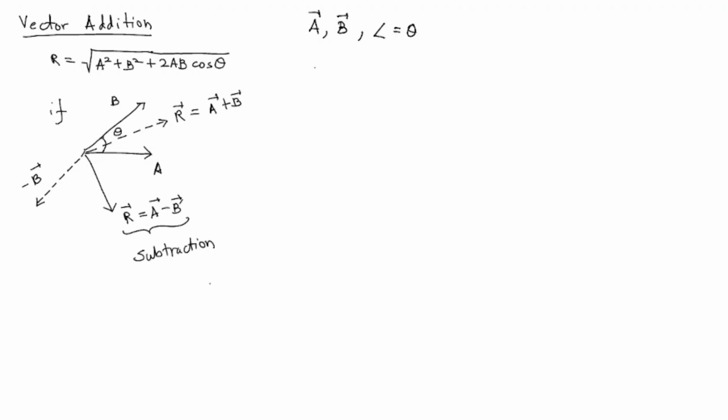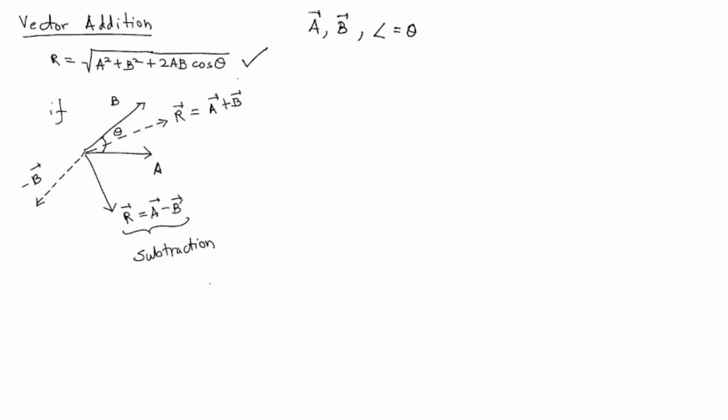So you all know this is the formula that you use while adding two vectors, right? A square plus b square plus 2ab cos theta, where theta is the angle formed between the tails of the vectors.